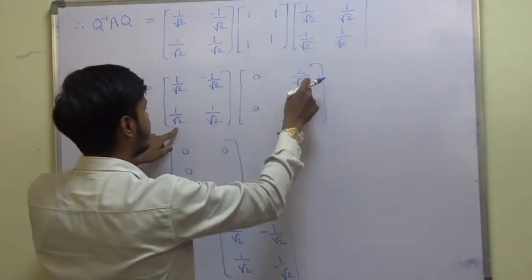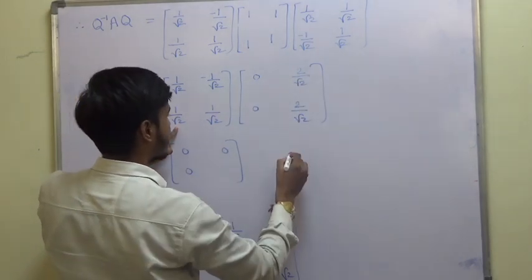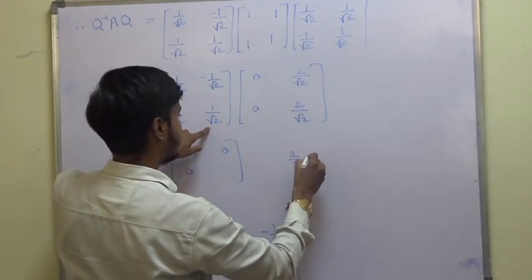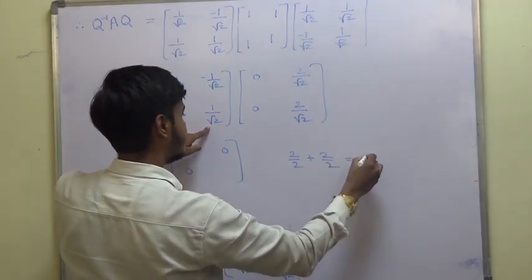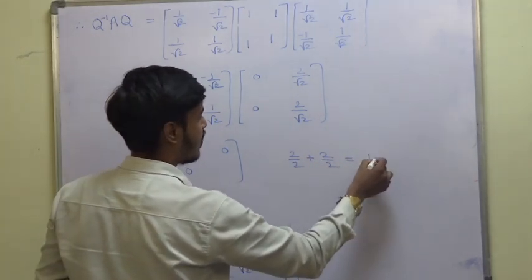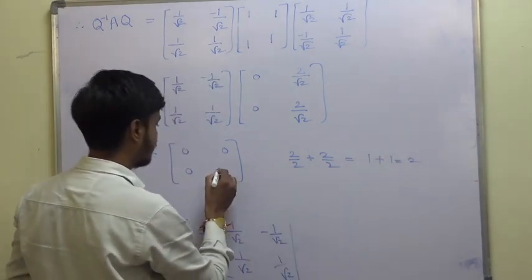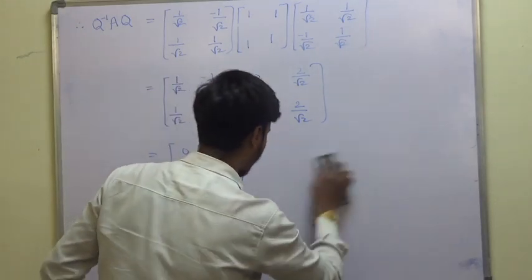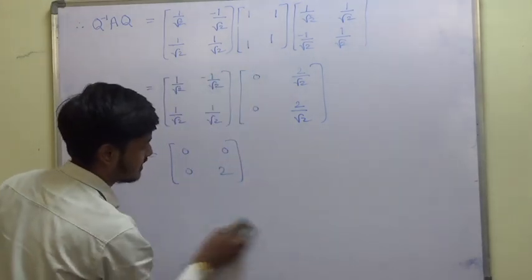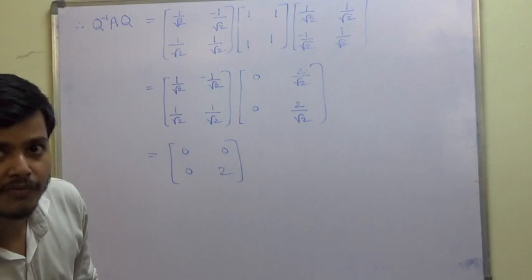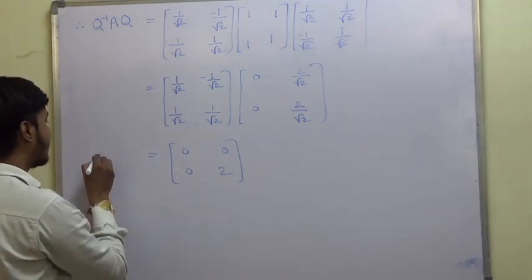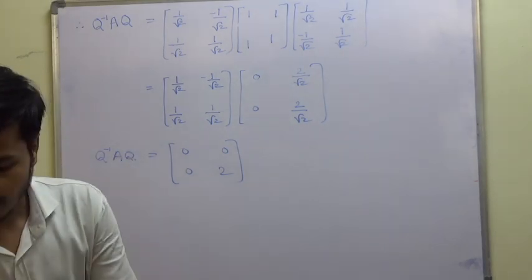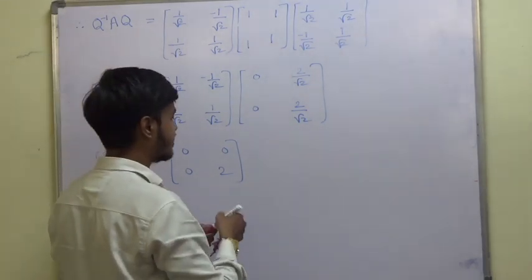Now see here, this is 2 by 2 and this is also 2 by 2, so this is 1 plus 1, which is 2. So as you can see, at last we just get the diagonal form. This is my Q inverse AQ.